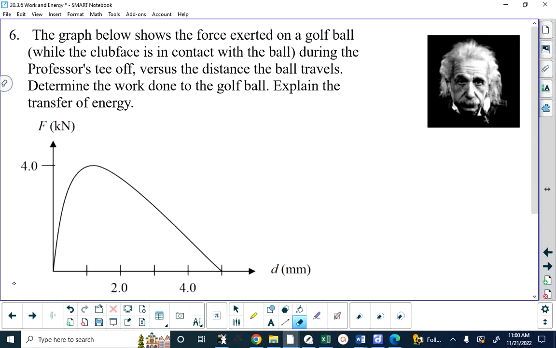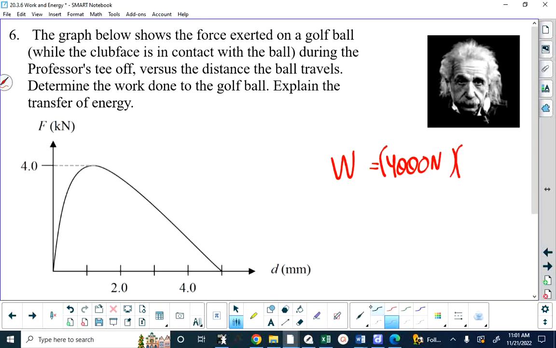Can somebody tell me why, and this is a tricky thing, but why can I not use 4,000 newtons? I'm going to actually write this down. Work equals 4,000 newtons multiplied by, I guess that would be 5 millimeters, which is 0.005 meters.